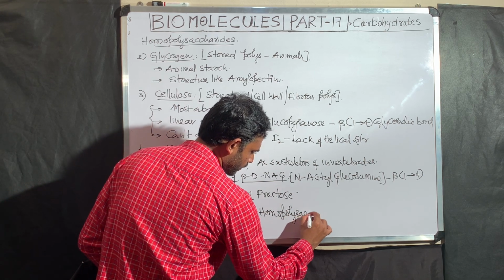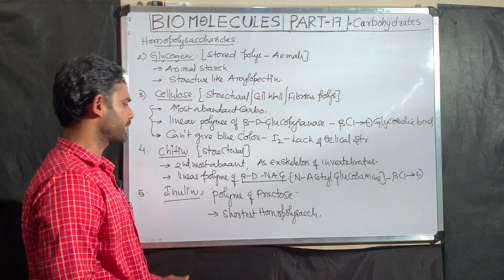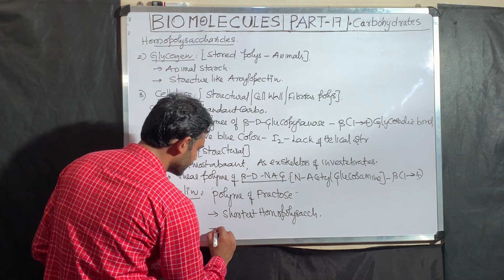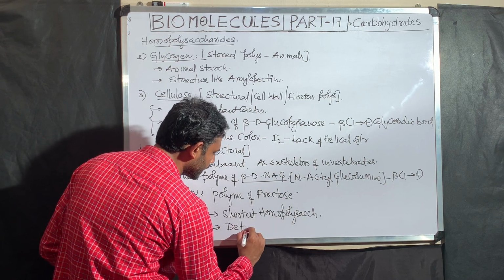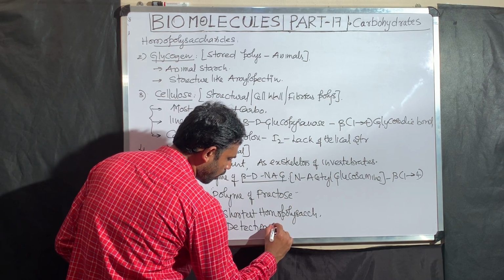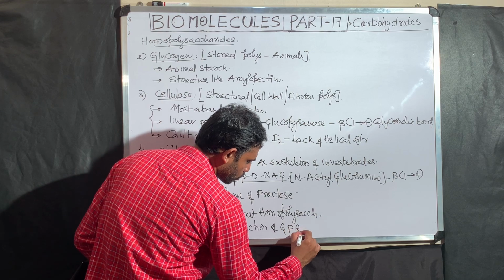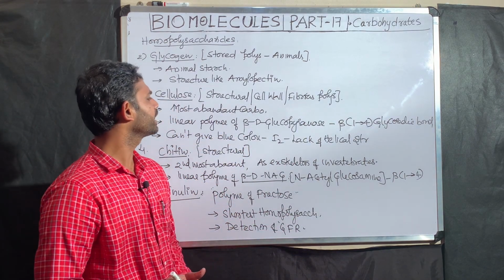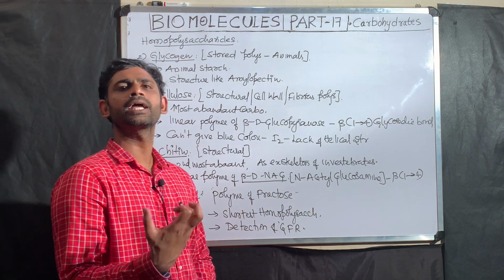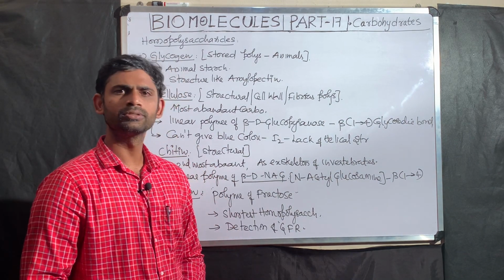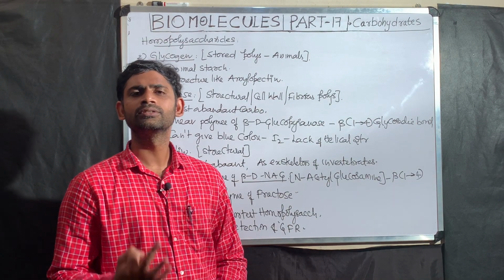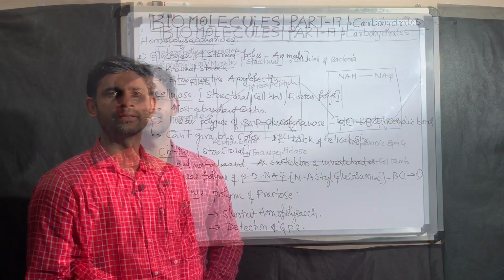Another commercial importance of inulin is that it is used in the detection of GFR, glomerular filtration rate. That is why here I discussed the 5 different types of homopolysaccharide: starch, glycogen, cellulose, chitin, inulin.